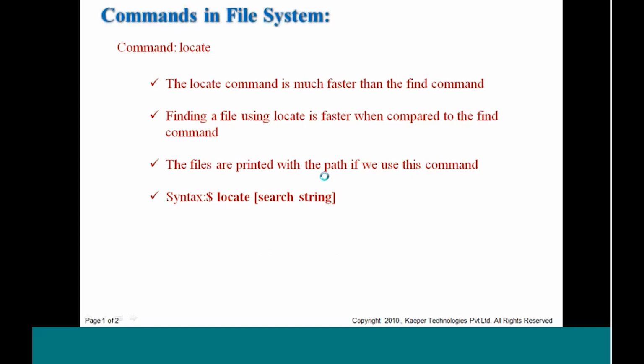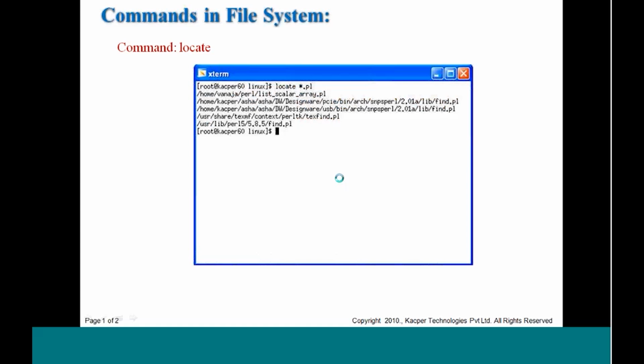The other command is locate. Locate is much faster than the find command, so that is the reason why you choose to use locate instead of find. Again, the files are printed with the path if you use the command. The syntax is just locate and then the search string. It finds the file and prints the whole path where exactly the file is located for that string.